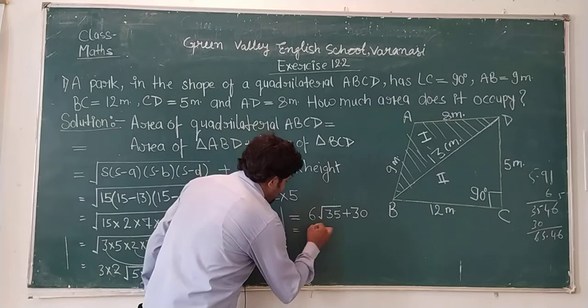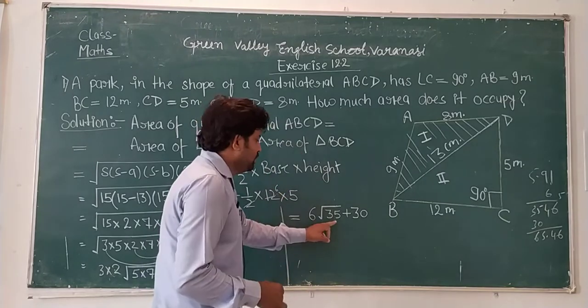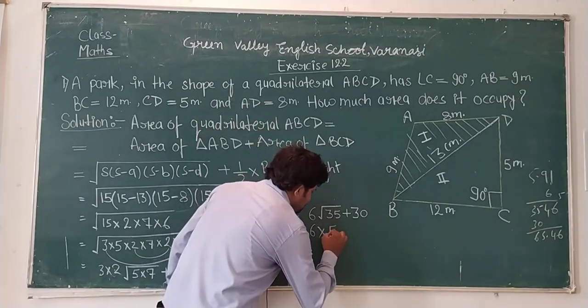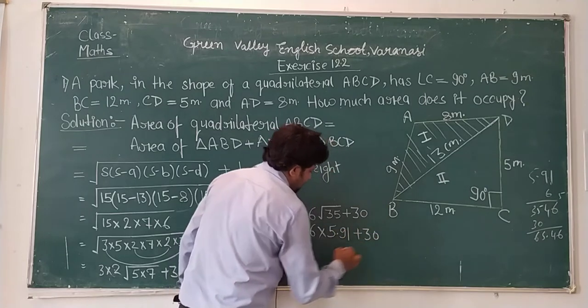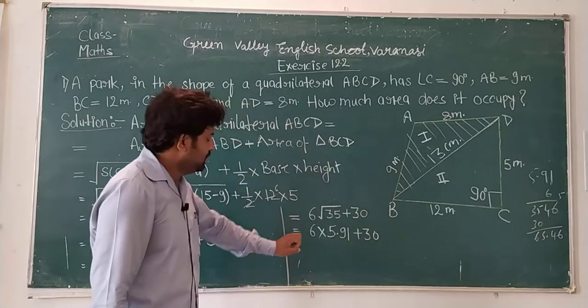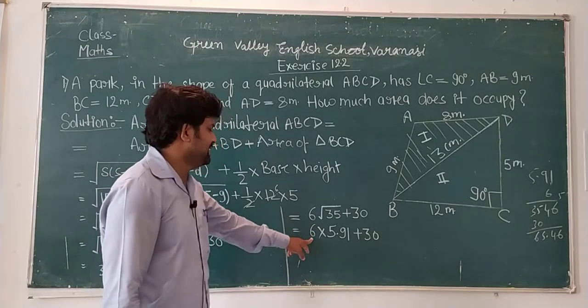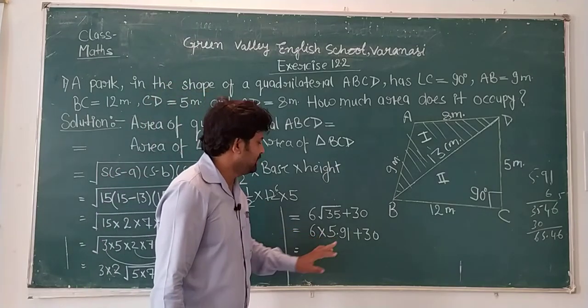And square root of 35 is approximately 5.91, plus 30. And here we will find the product of 6 and 5.91.